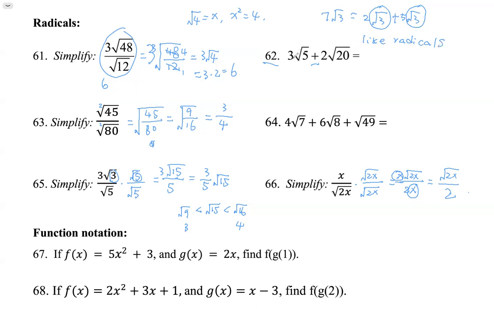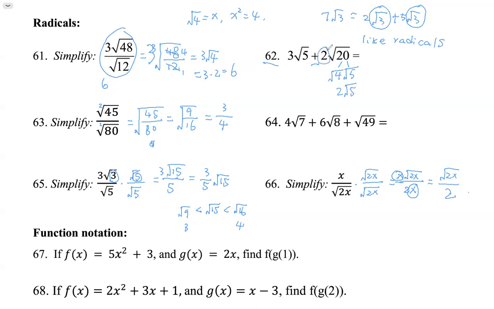Here we have 3 radical 5 plus 2 radical 20. It looks like we don't have like radicals. But remember, 20 can be split as 4 and 5. So the square root of 20 is the square root of 4 times the square root of 5, and the square root of 4 is 2. So the square root of 20 is 2 radical 5.